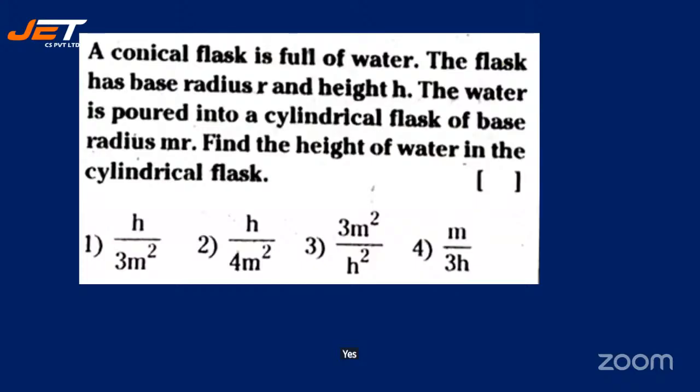Here's the next question. A conical flask is full of water. The flask has base radius r and height as h. The water is poured into a cylindrical flask of base radius mr. Find the height of the water in the cylindrical flask. All right.